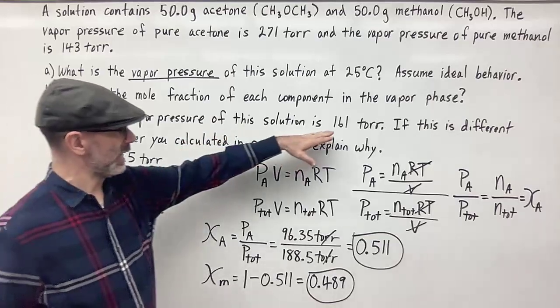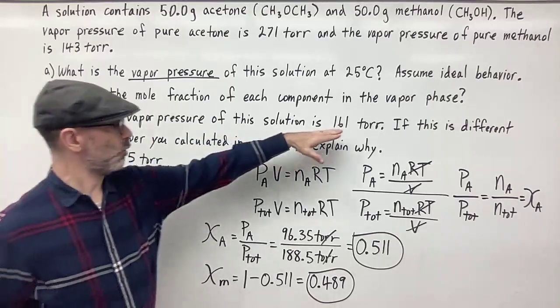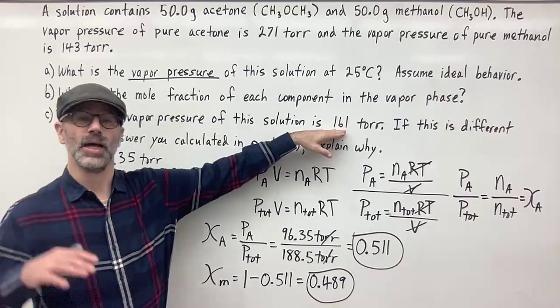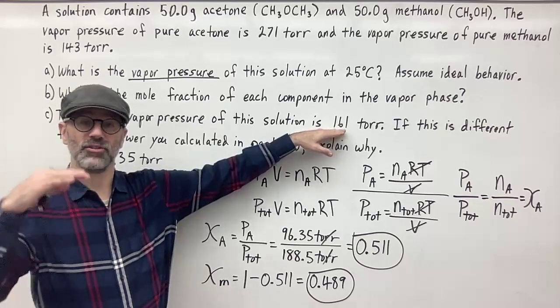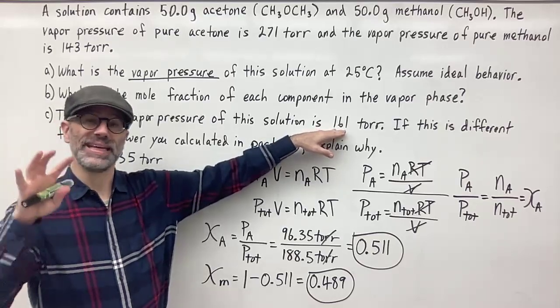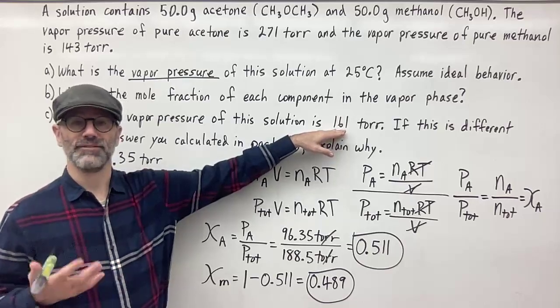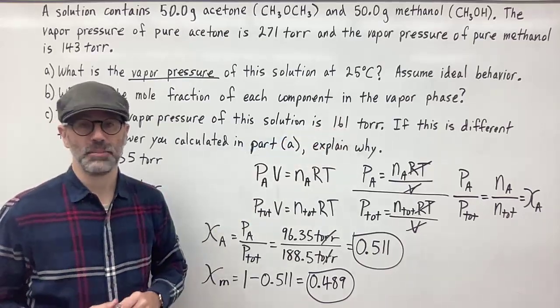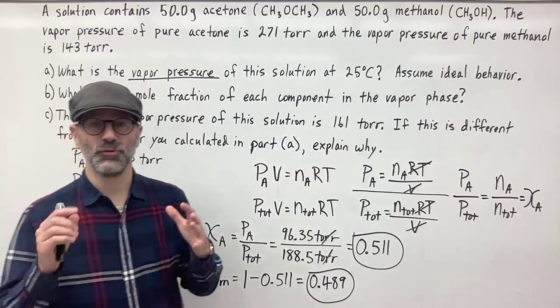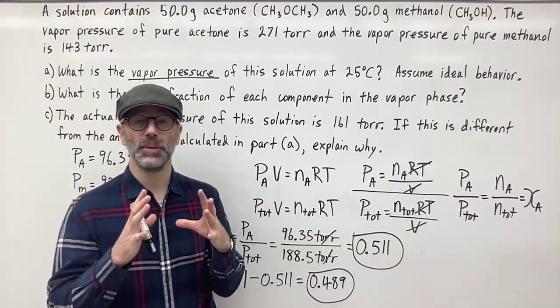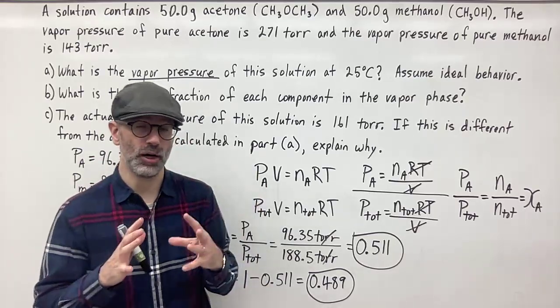So if our vapor pressure is lower, that just means that we have fewer particles in the vapor phase to give that pressure. Well, if that's the case, then that means that the intermolecular forces, the attractive forces between the particles when they're mixed together, is actually stronger, right?